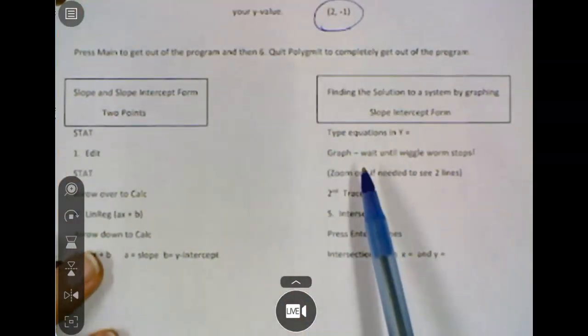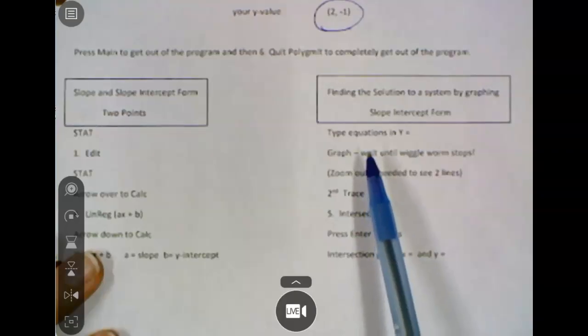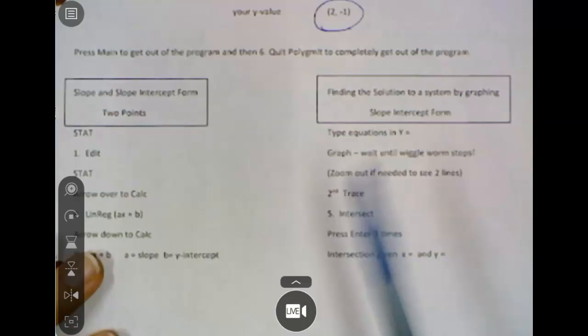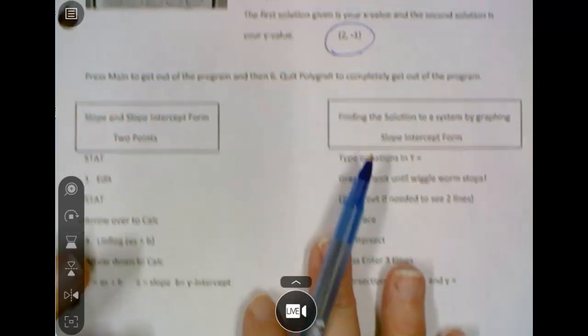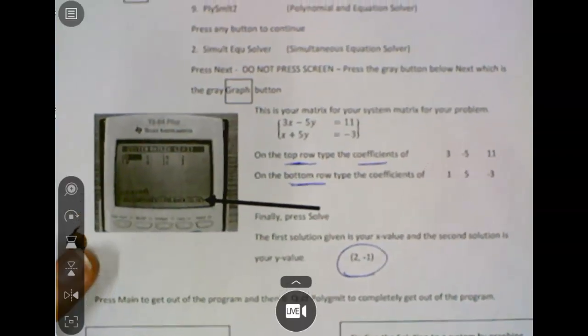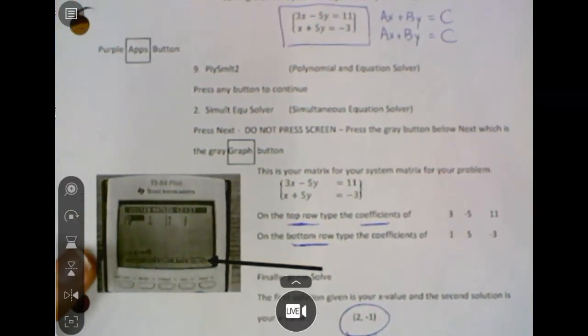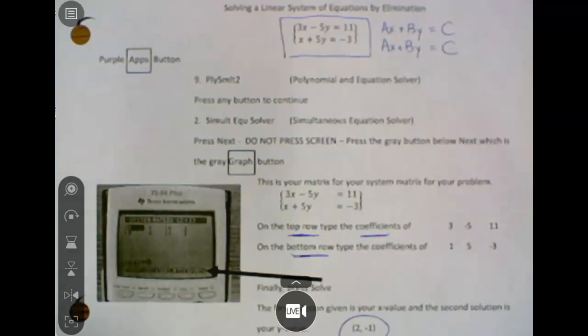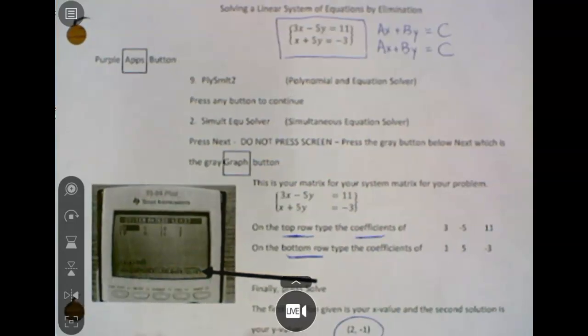And we've also learned how to find the system when graphing. And those are those directions if you ever forget it. So now you have 3 main things that you know that graphing calculator can help you find. And I will post this in Schoology also so you know how to do it. So from this point on, you can always use this application on your graphing calculator if you remember how to do it. You never have to solve a system again.